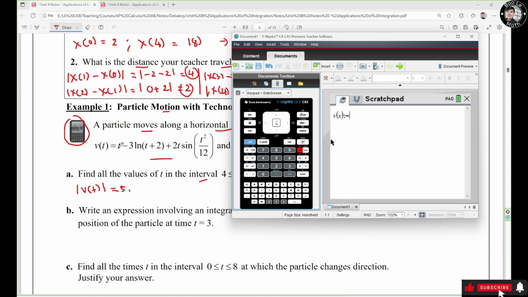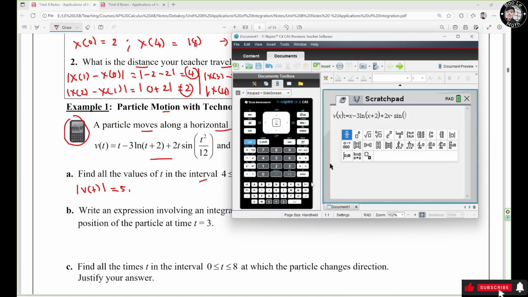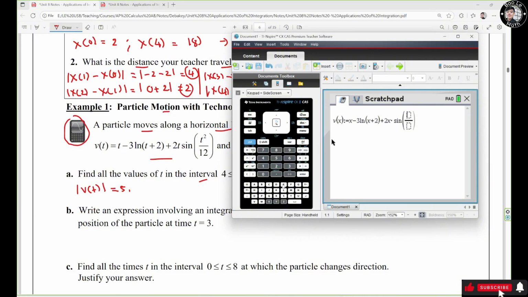So instead of t, I'm going to put s minus 3 times natural log of s plus 2, plus 2 times s times sine of, now I'm going to hit the fraction, s squared over 12. And I'm going to hit enter.